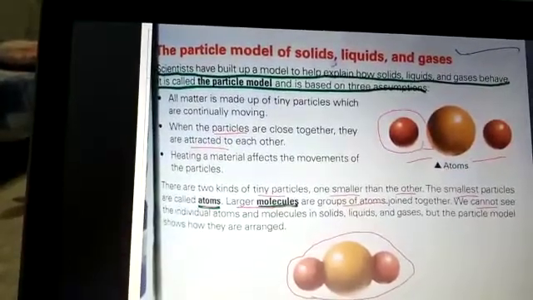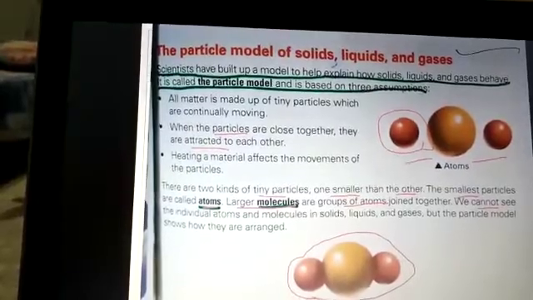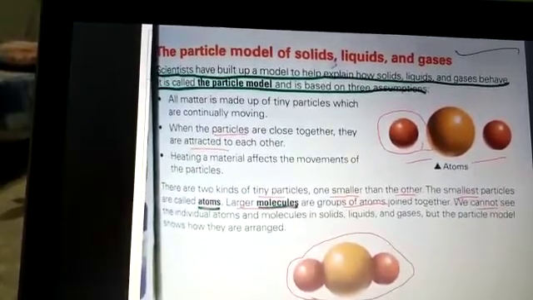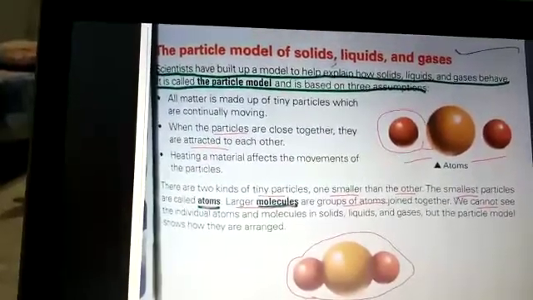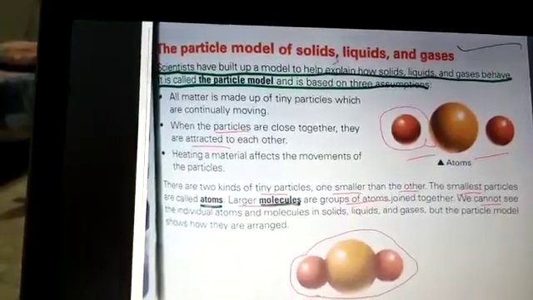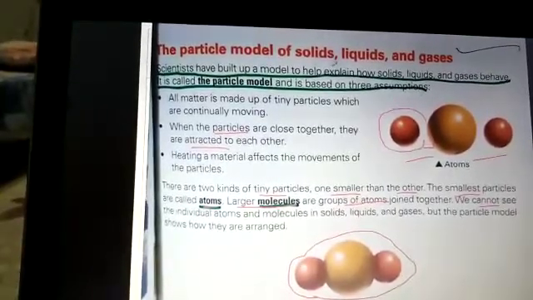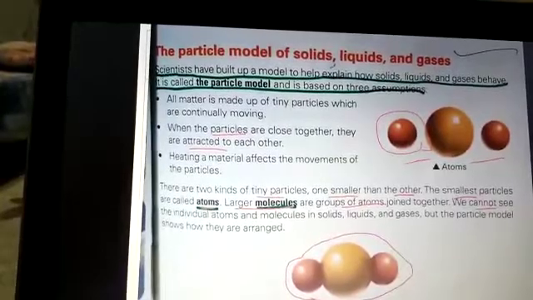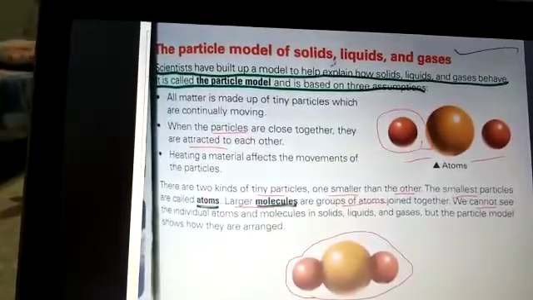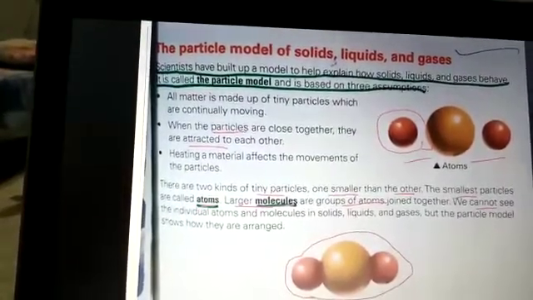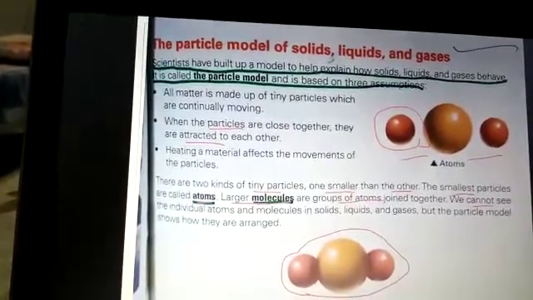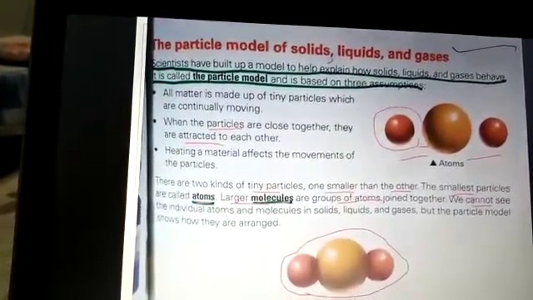We cannot see the individual atoms and molecules in the solid, liquid and gases, but the particle model shows how they are arranged.